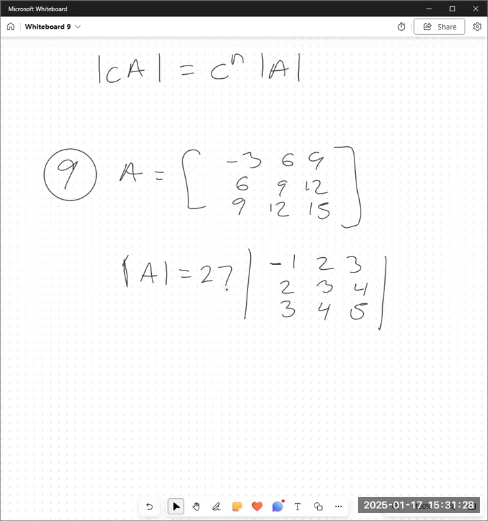And I'm just going to use some elementary row operations here to change this a little bit. So I want 2 row 1 plus row 2 to produce a new row 2, and 3 row 1 plus row 3 to produce a new row 3.